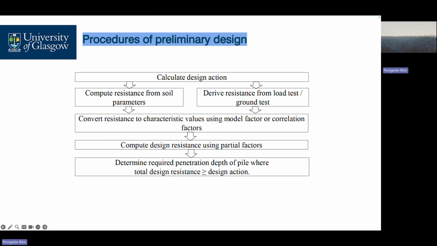Divided by 1.3, divided by 1.4. That value is the characteristic value. We haven't found design resistance. We factor again. Divided by 1.4, 1.35, then finally we get design resistance.